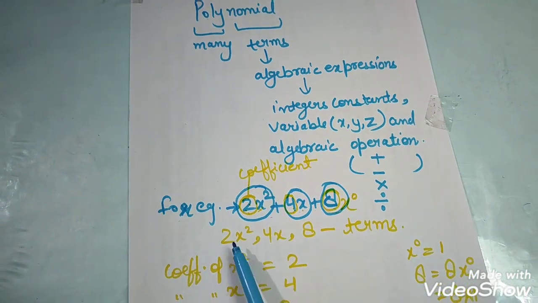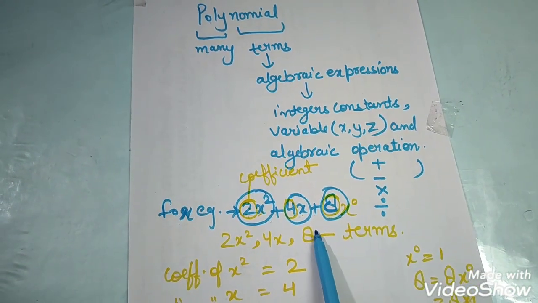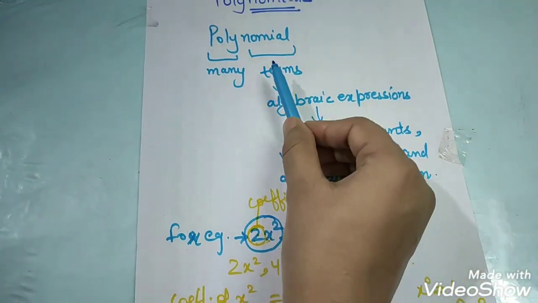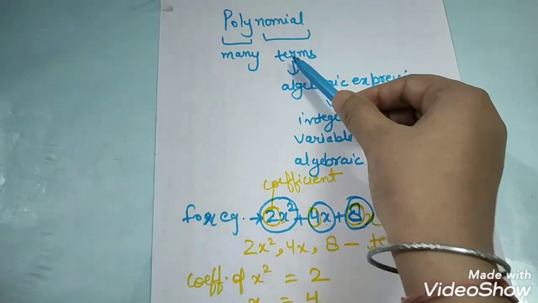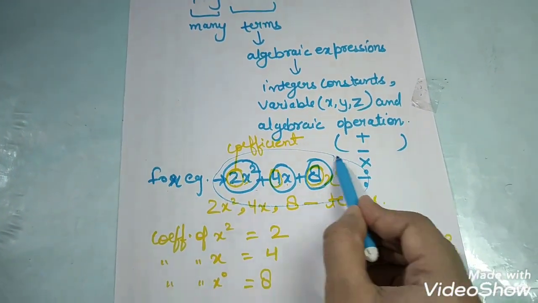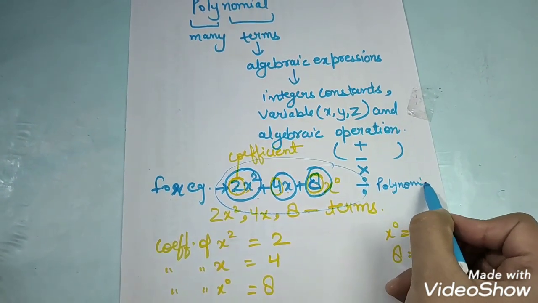That means here are 3 terms. With the 3 terms and the help of this addition operation, we have made a polynomial. This whole will be called a polynomial.